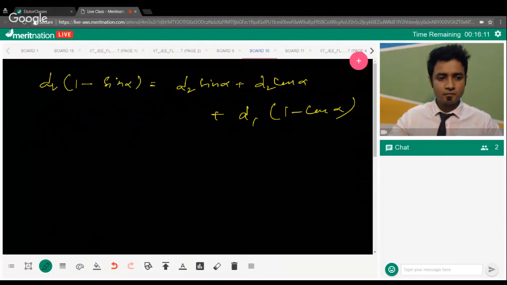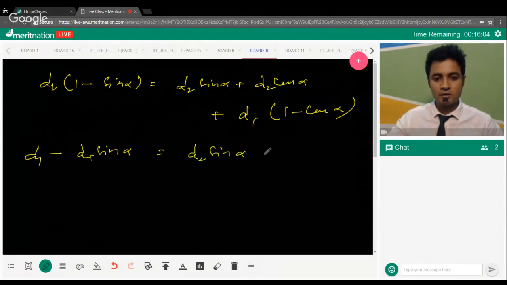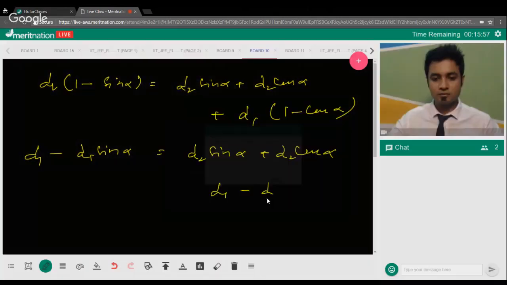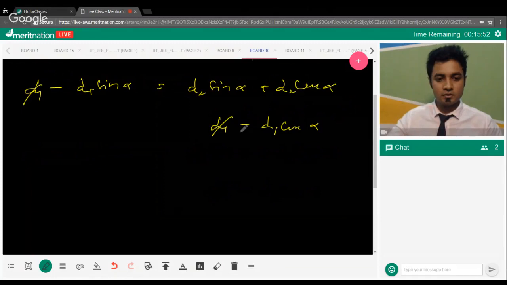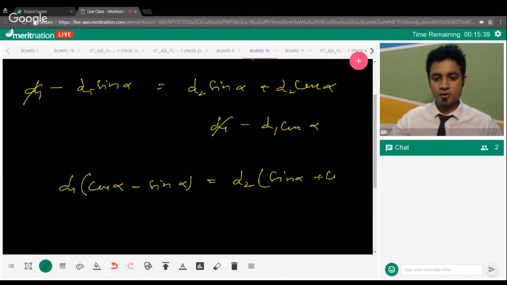Okay, so d1 minus d1 sin alpha is equal to d2 sin alpha plus d2 cos alpha plus d1 minus d1 cos alpha. So d1 will get cancelled out here, and you can take this here. So this will become d1 (cos alpha minus sin alpha) is equal to d2 (sin alpha plus cos alpha), right?